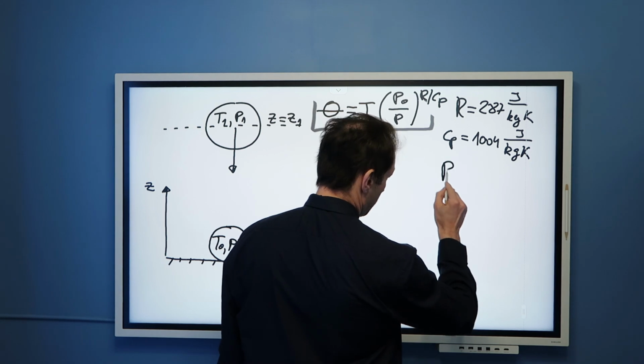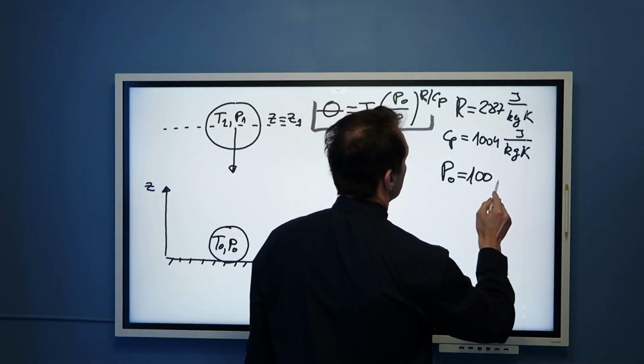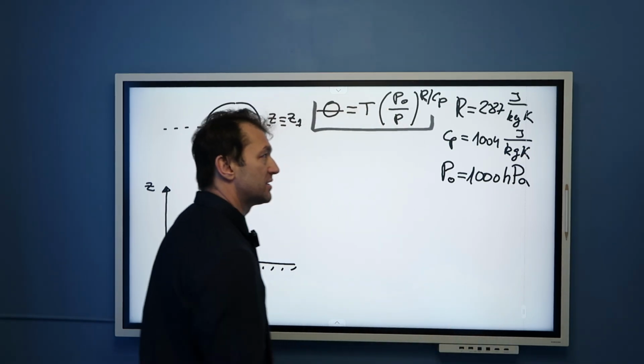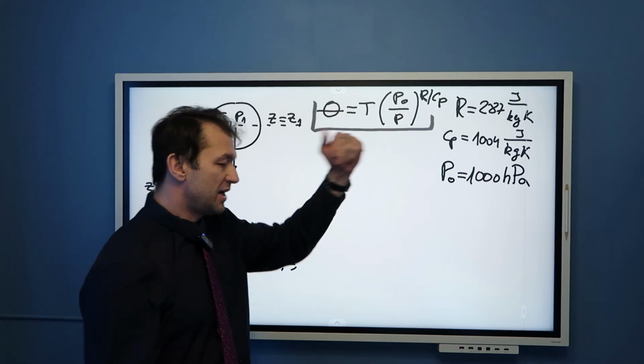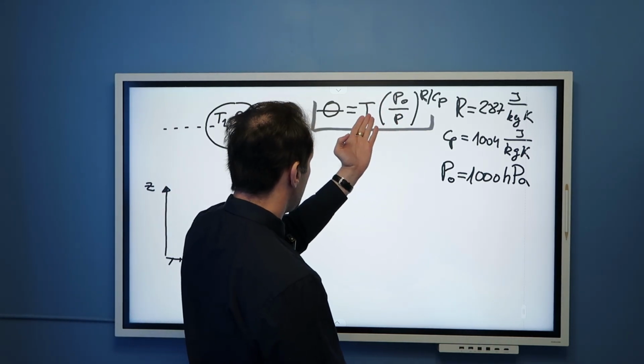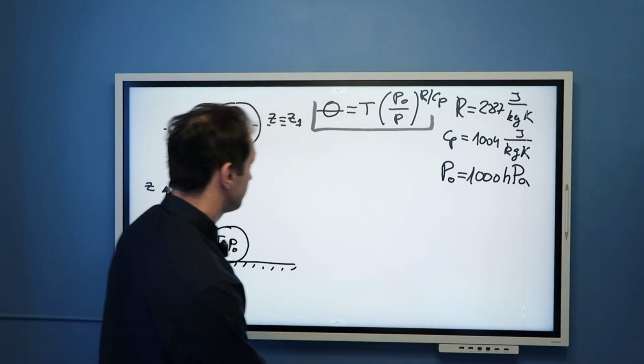Reference pressure by convention is usually 1000 hectopascals or 1000 millibars. If you are using this equation, you should use pascals for pressure, and for temperatures you should use kelvins, not Celsius or Fahrenheit.